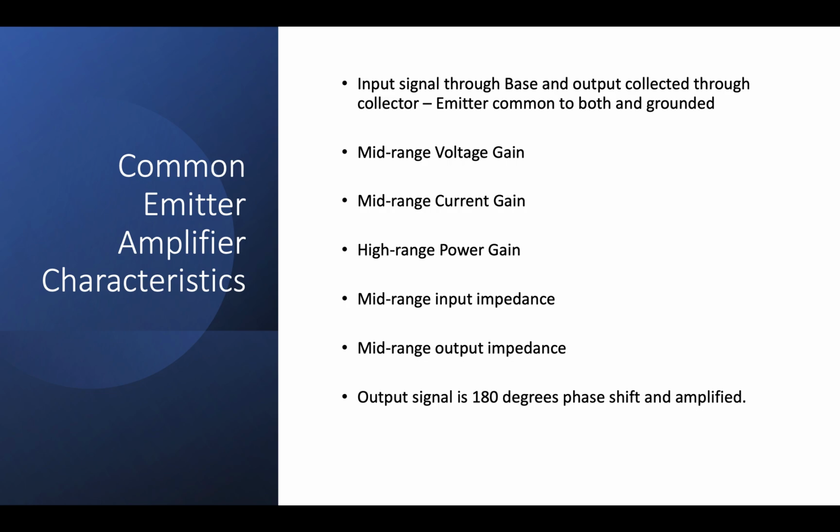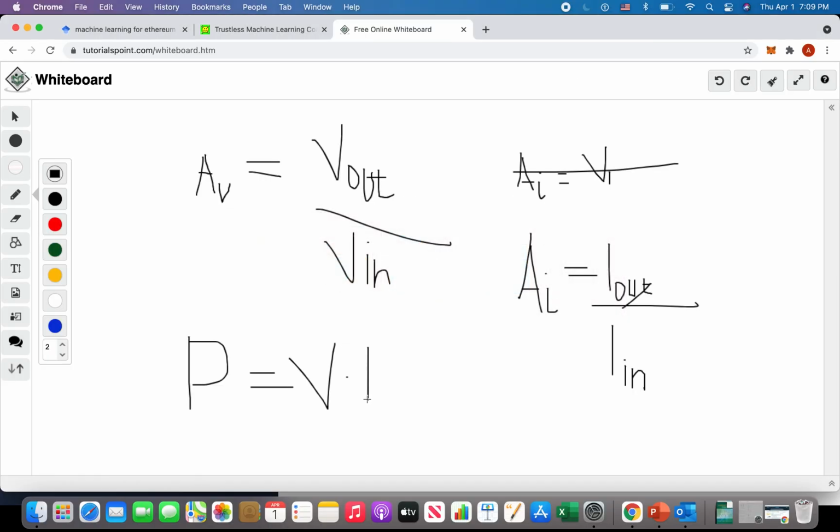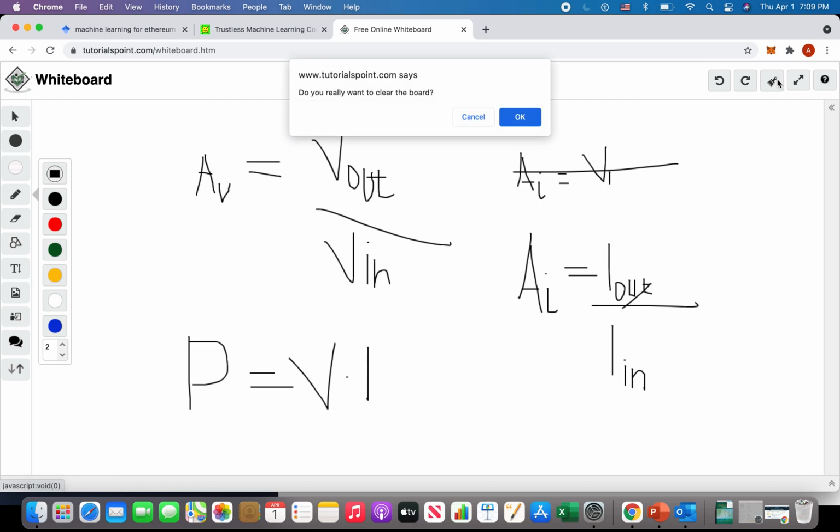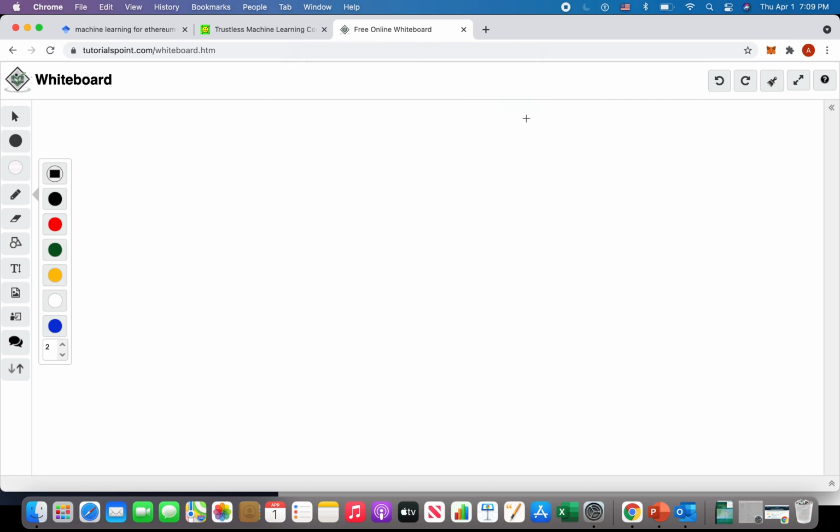One very important characteristic of the common emitter is that the output signal is shifted by 180 degrees. Now let me show you what that means. It is amplified, of course, but it is inverted. Let's say this is your input voltage. Please excuse my diagrams over here because I'm using a mouse.